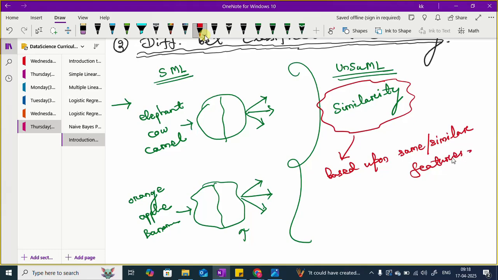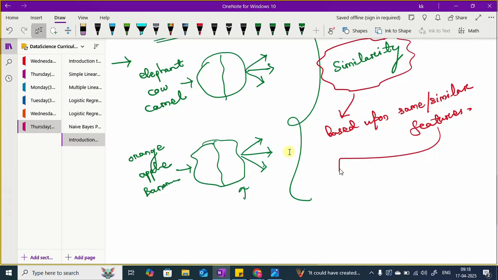What do you mean by that? Let's say, for example, these features include color, shape, size, width, length, height, everything.